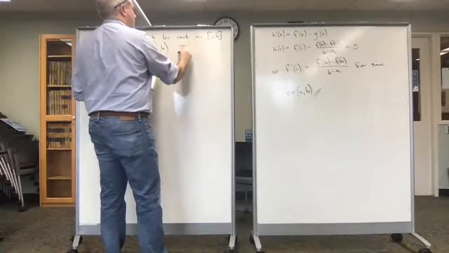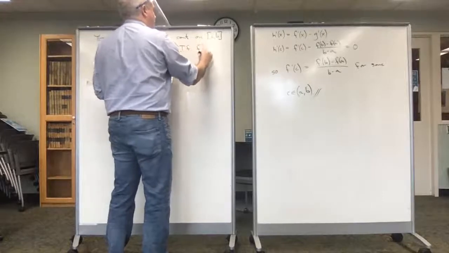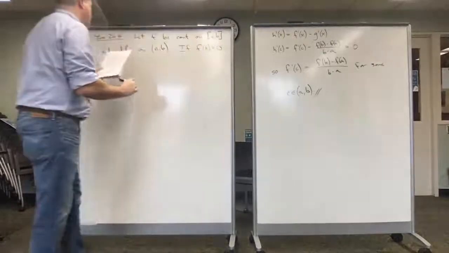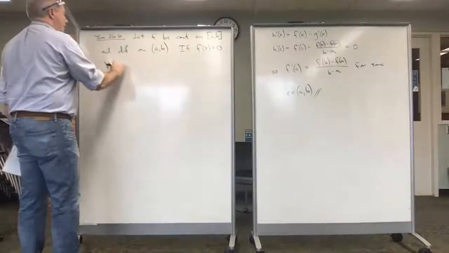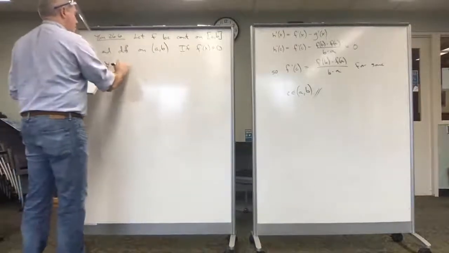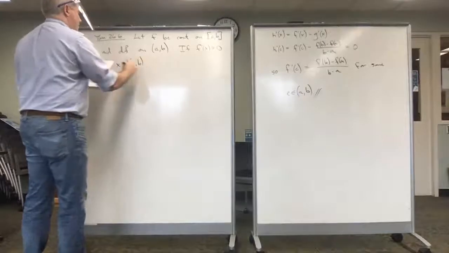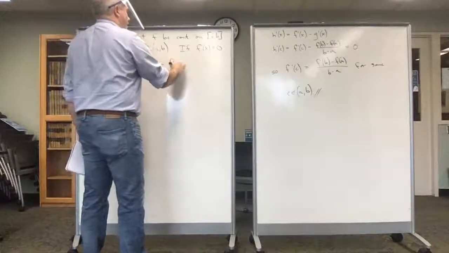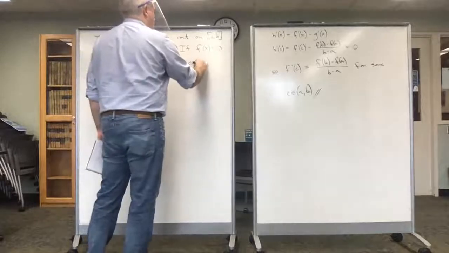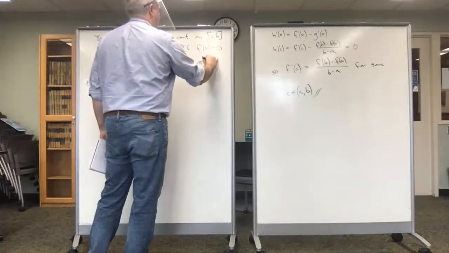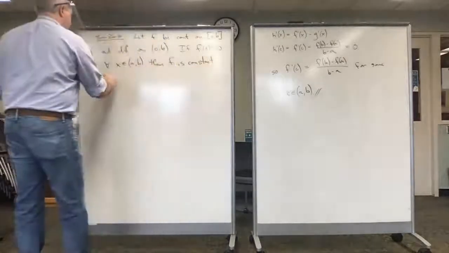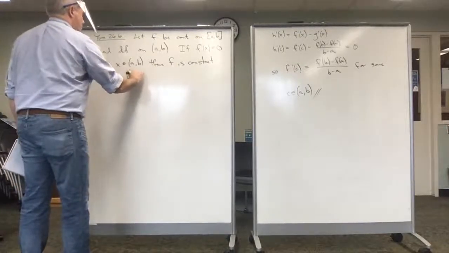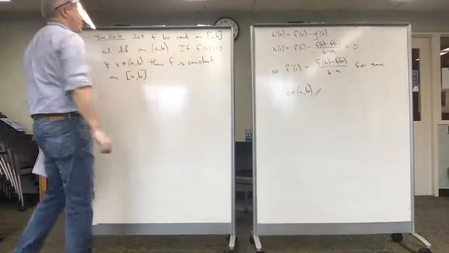If f prime of x is equal to 0 for all x in (a, b), then f is constant on the closed interval from a to b.